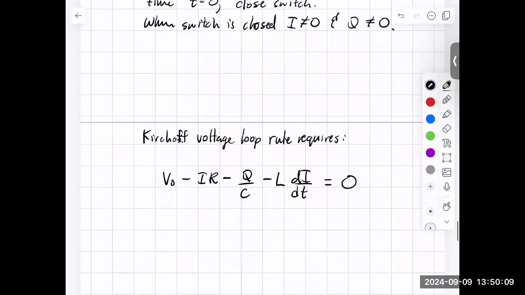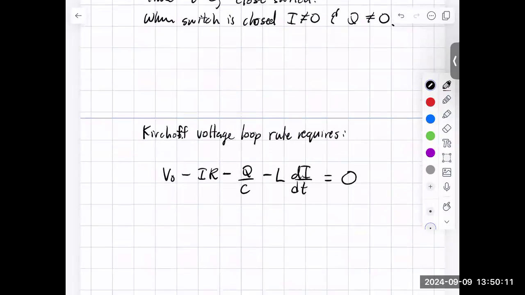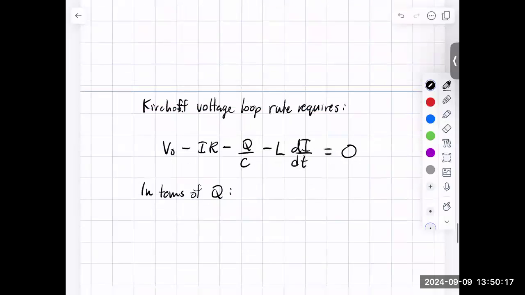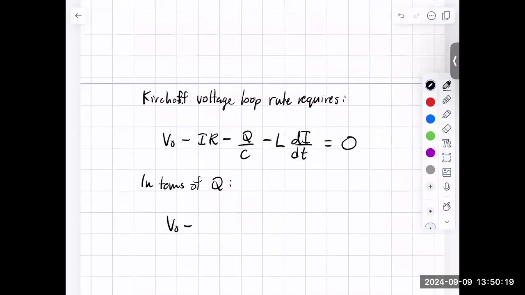If we rewrite all this stuff in terms of Q, we would have V naught minus, I'll put this term first because it's already in terms of Q, so I'll write 1 over C times Q. And then which one's next?